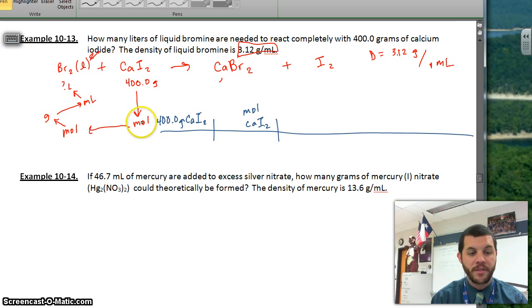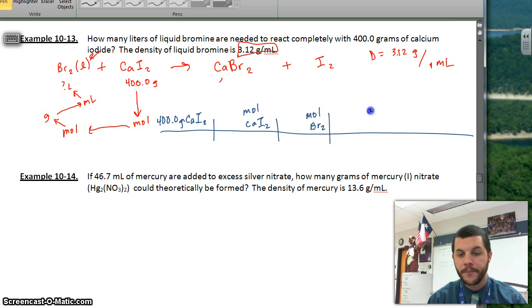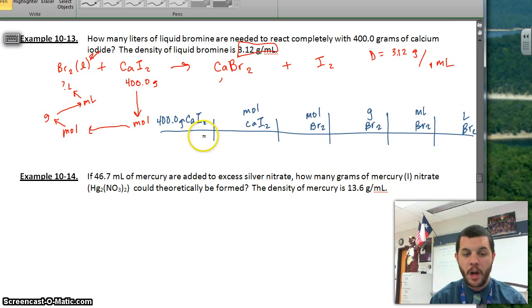And then I go from moles of calcium iodide to moles of bromine. And from moles of bromine to grams of bromine. And from grams of bromine to milliliters of bromine. And from milliliters of bromine to liters of bromine. Wow, this is a long one.